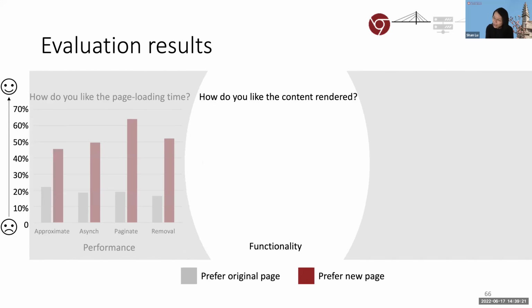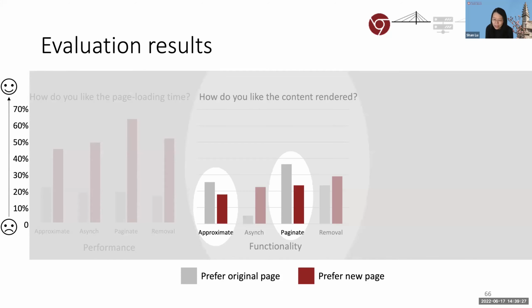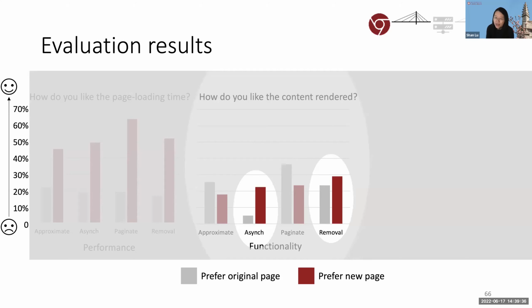We also ask them, how do you like the content that gets rendered? That result, as expected, is a mix. Interestingly, when we do pagination or approximation, more people prefer the original page. In cases like asynchronous loading, and sometimes when we simply remove some content, for some reason more people actually prefer the new content.